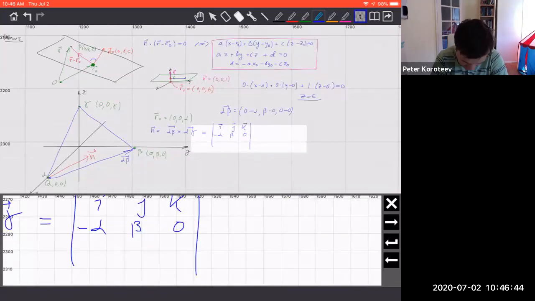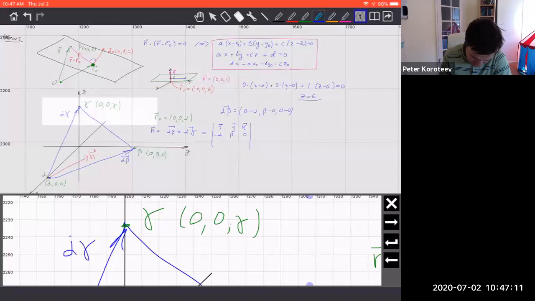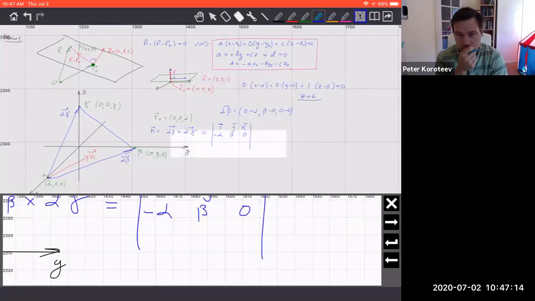How about alpha gamma? We just need to do the same with alpha gamma. Yes, absolutely, so minus alpha, 0, and gamma.